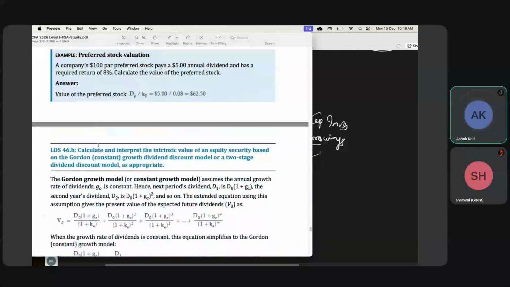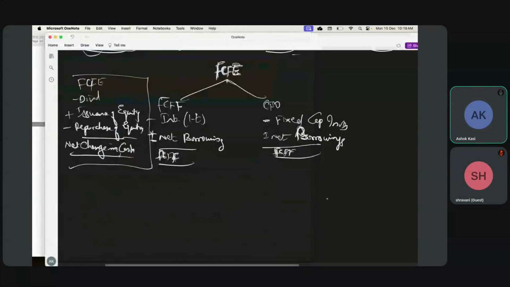Then preferred stock valuation. Preferred means here perpetual. So for perpetual, it is annual dividend payment. So I'm simply writing payment divided by discount rate or required return.